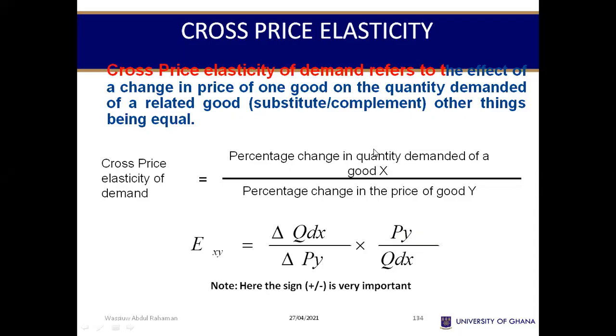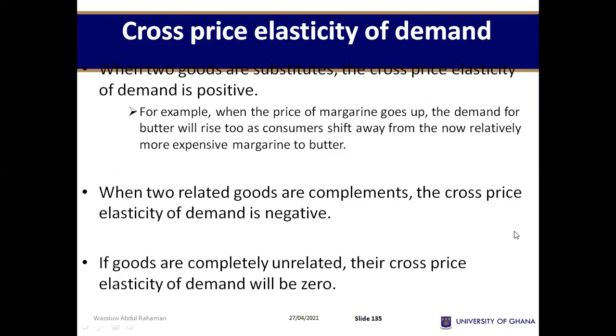If it's negative, they are complements. If it is zero, it means there is no relationship between the two commodities. Okay, so there's an example that I will let us calculate, and then I'll probably send you more practice questions on these concepts of elasticities.